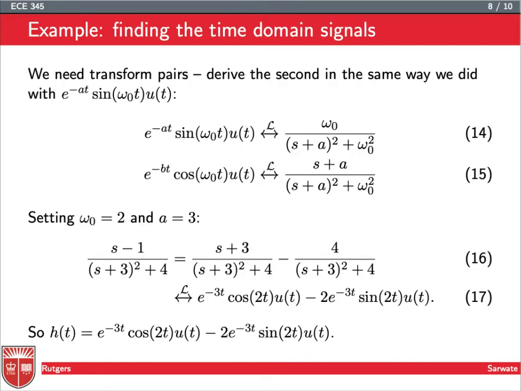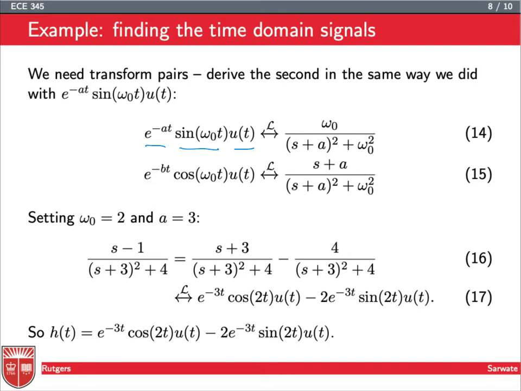So we need these transform pairs, and we can derive this cosine the same way that we did the sine before, or hopefully you did it as a try-it-yourself exercise earlier. So we have the following transform pairs. A decaying exponential times a sine times u of t is going to give you omega naught over (s plus a) squared plus omega naught squared.